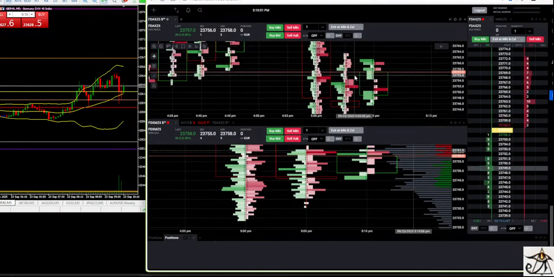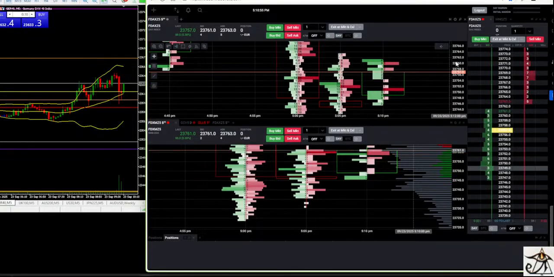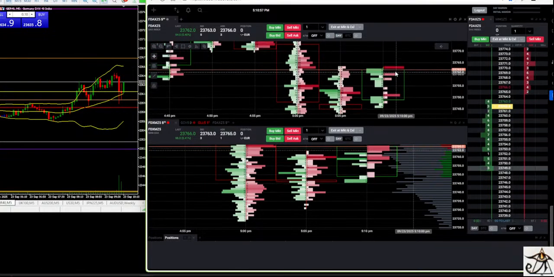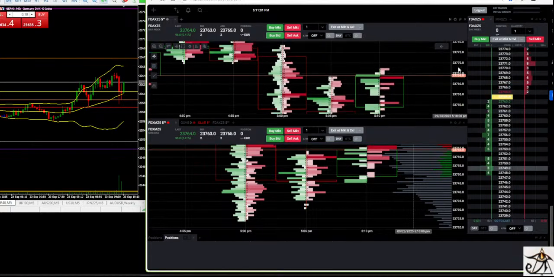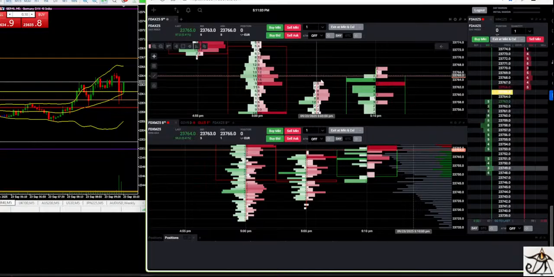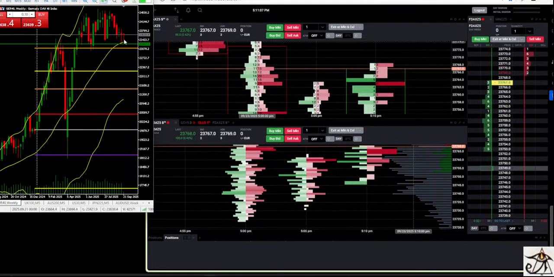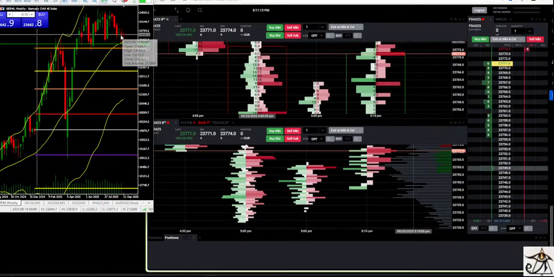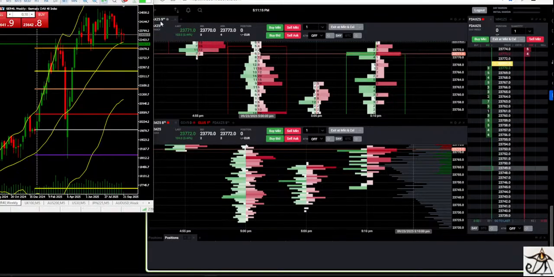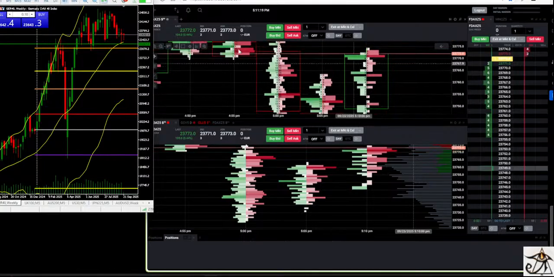So getting long from this point is something that would concern me. But that's not to say it's not going to just power up, because that's often what the DAX does. And on the basis of the weekly chart, we've had a really strong dip down, and now it's like the sellers are slowing down, and we might be in for a more bullish run sooner than we think.